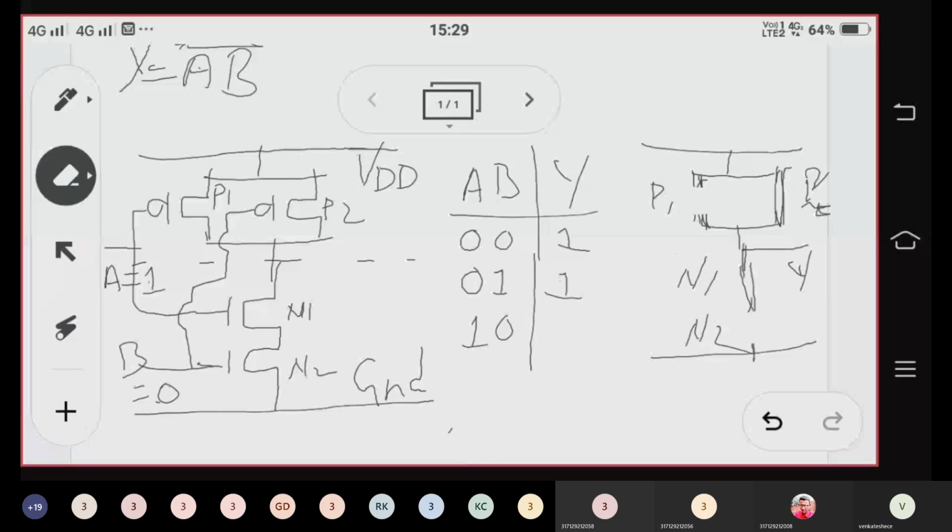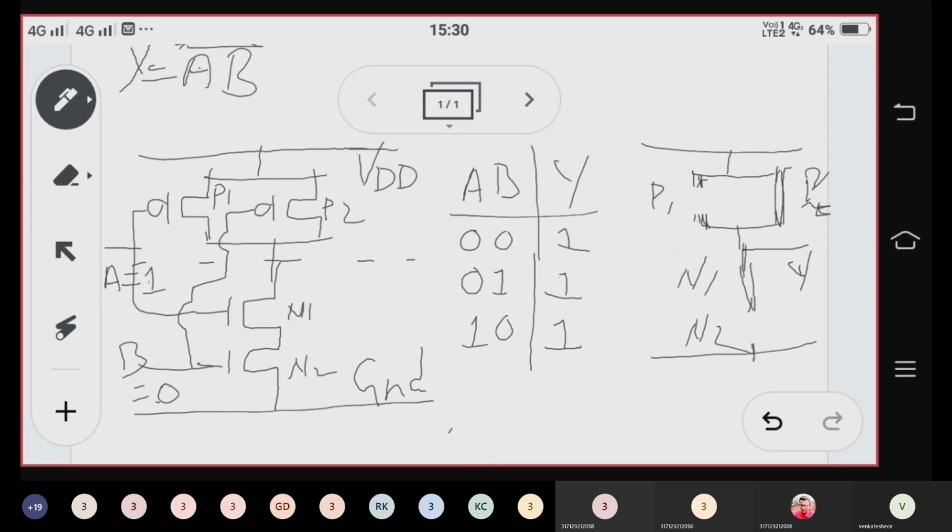There is a path between output and VDD only. There is no path between output and ground. So if there is a path between output and VDD, then what is the output now? 5 volts, sir. Logic 1.